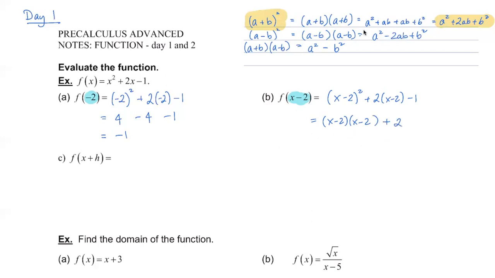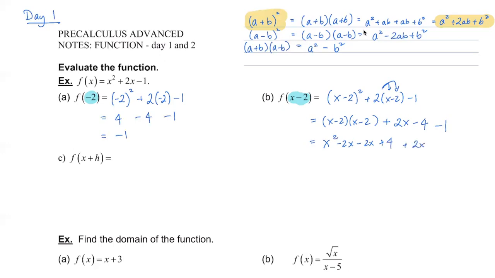Let me show our work right here. You may distribute the 2 right here, so we get 2x minus 4 and minus 1. And then go ahead to the FOIL. So you have x squared minus 2x minus 2x, no, sorry, plus 4.